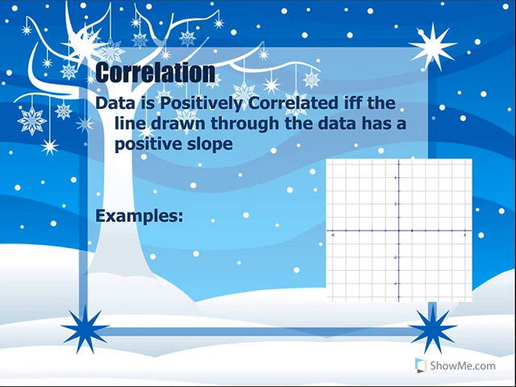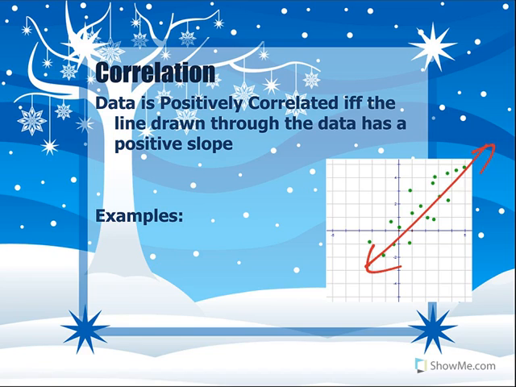We can break these types of correlations down a little farther into three types. First, data can be positively correlated. Positively correlated data is data where the line drawn through the data has a positive slope. That just means our data points have a roughly linear relationship, and that relationship is going uphill.